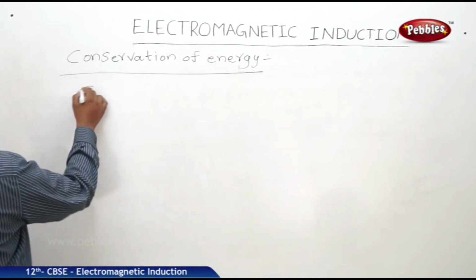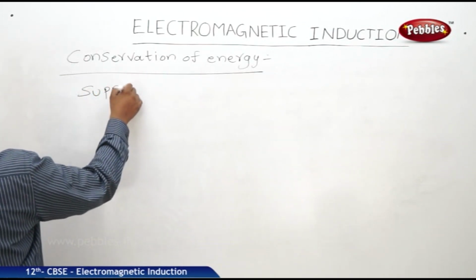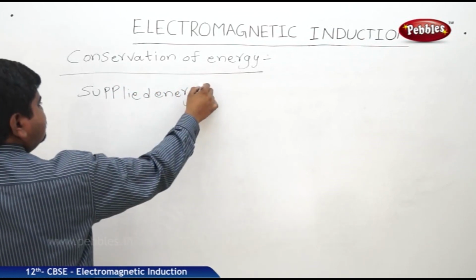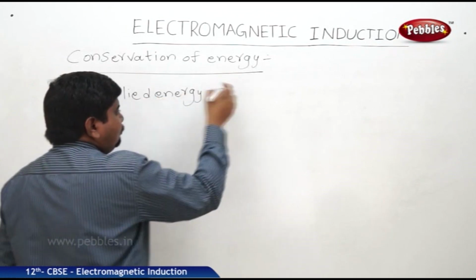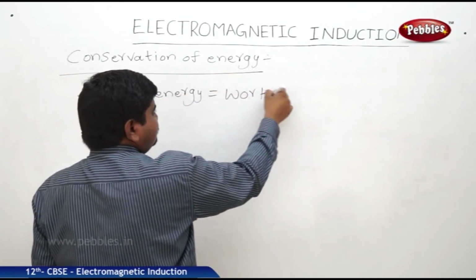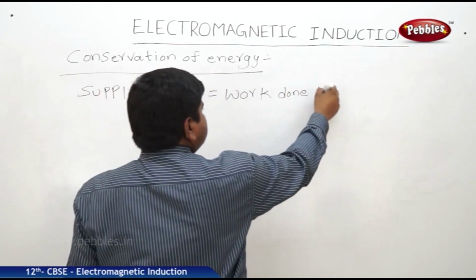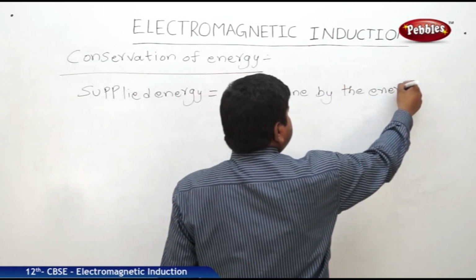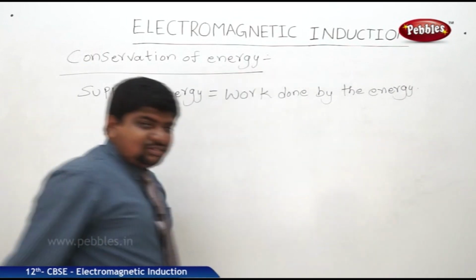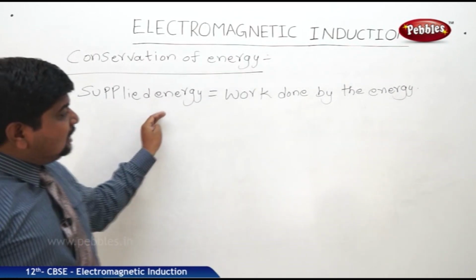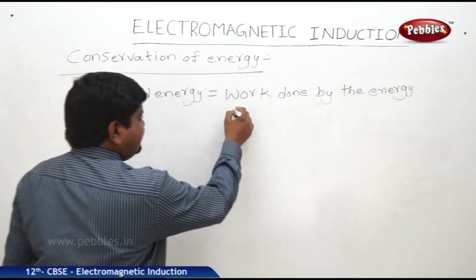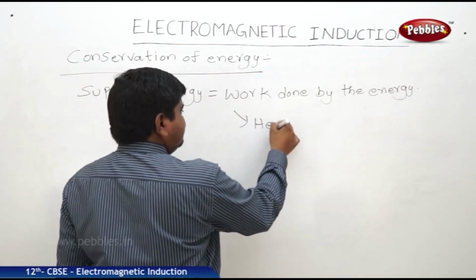So conservation means supplied energy is equal to work done by the energy. Does that mean the energy we are supplying is totally converted to work? No. Some amount of the energy is exhausted in the form of heat.